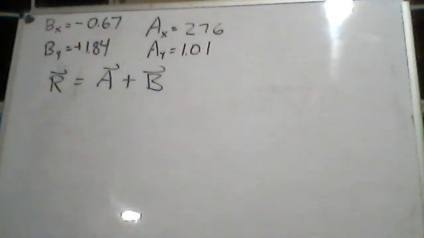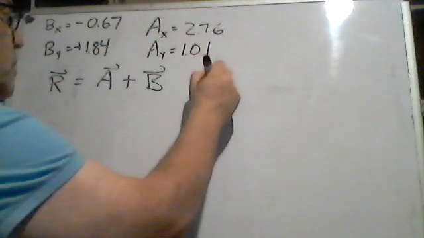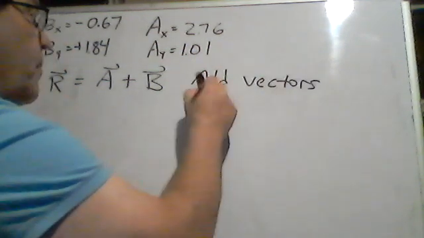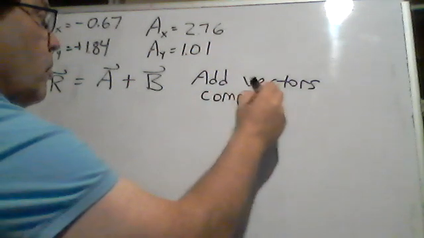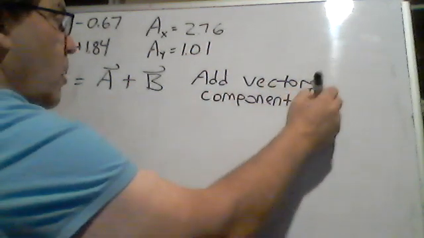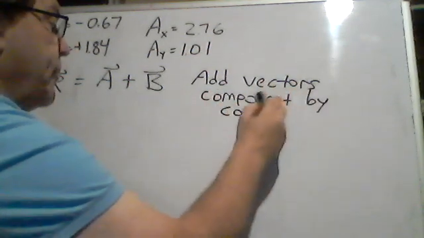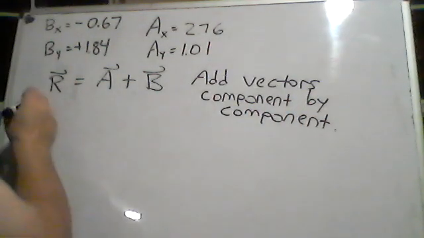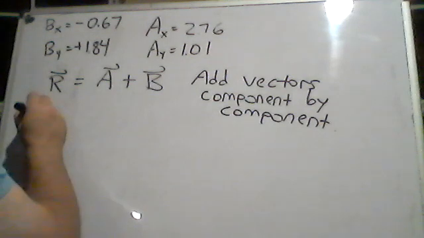The addition of vectors is done component by component. So we add vectors component by component. That means I'm going to express R. I've done all the work to get the components.